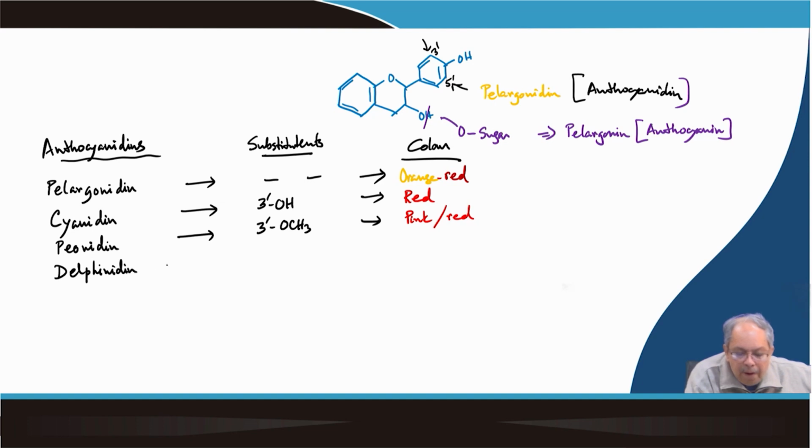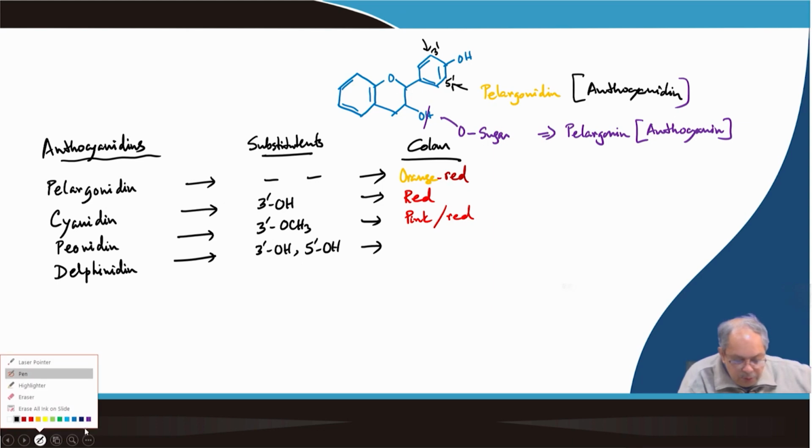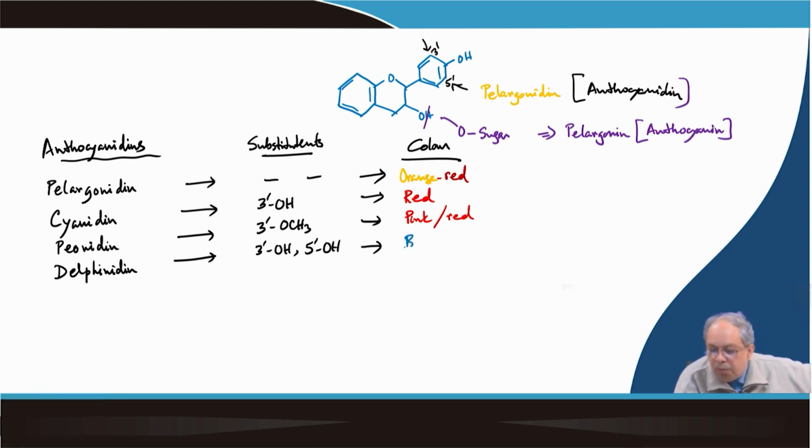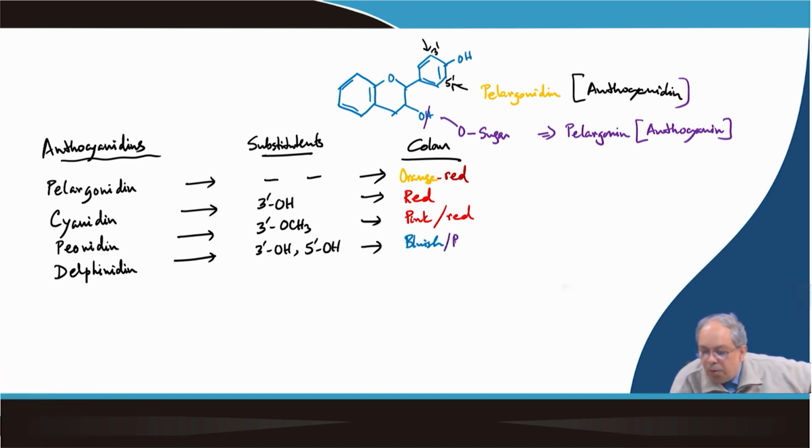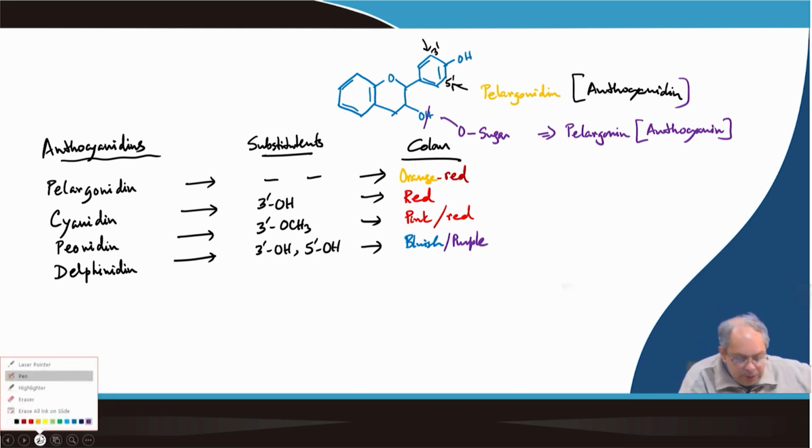Next is delphinidin. Here 3 prime OH and 5 prime will also be OH, and the color will be bluish purple. Next is petunidin.